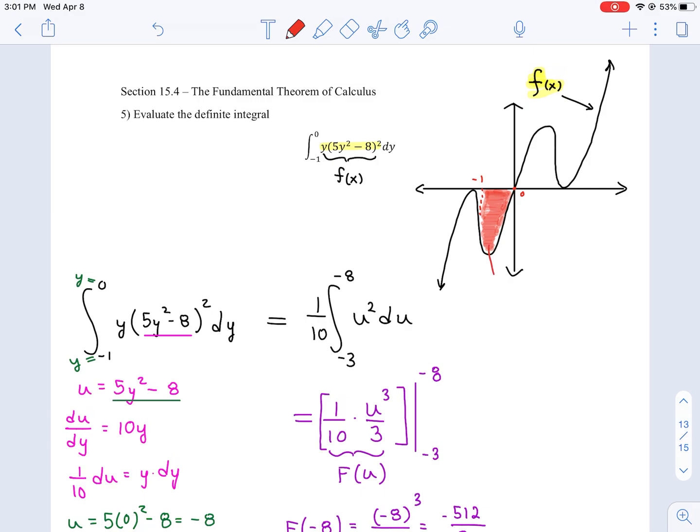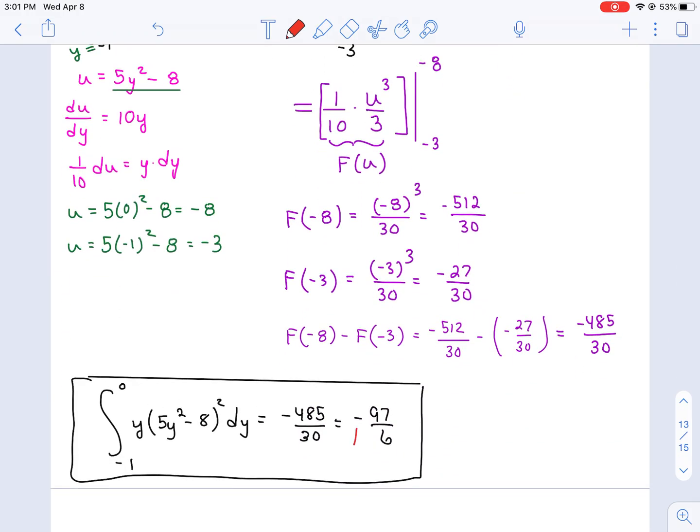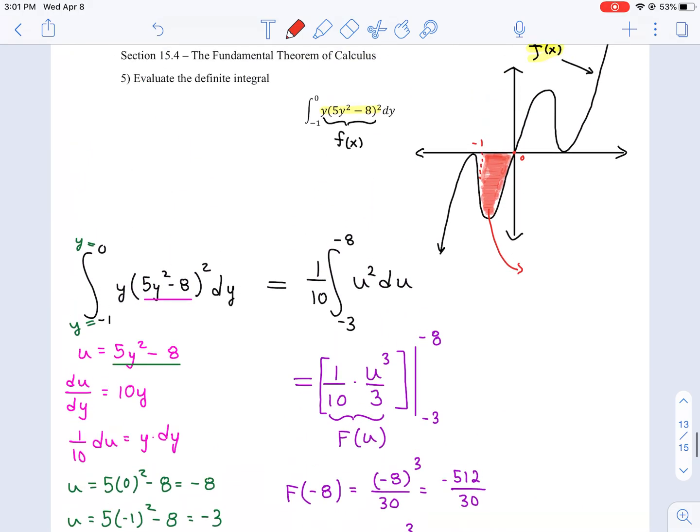So notice that the area is located below the x-axis, and your answer was negative. The area of the shaded region is negative 97/6.